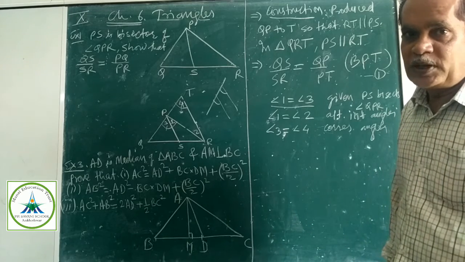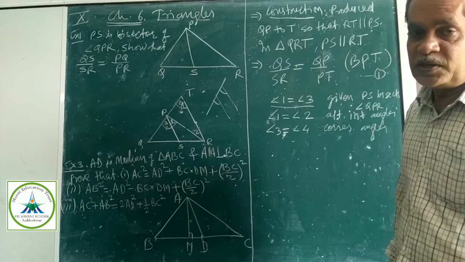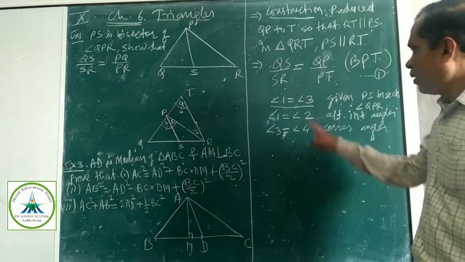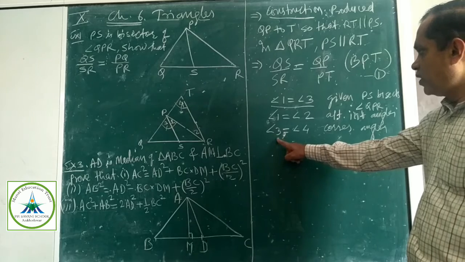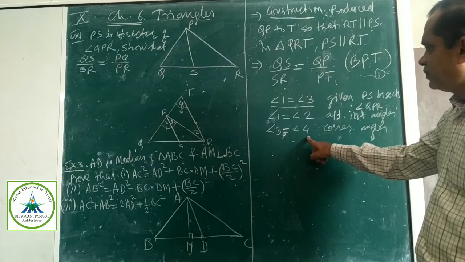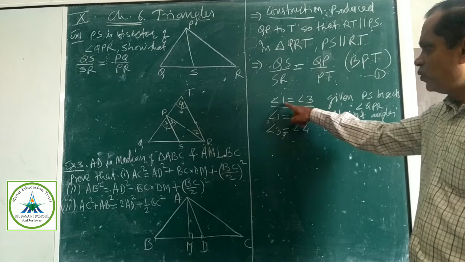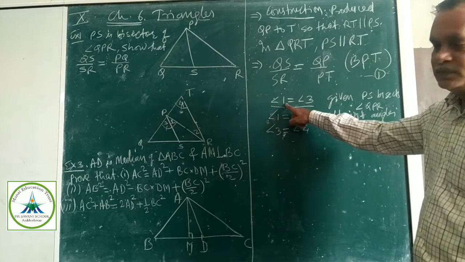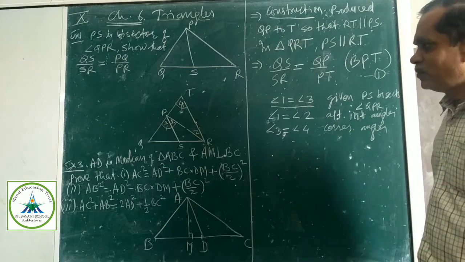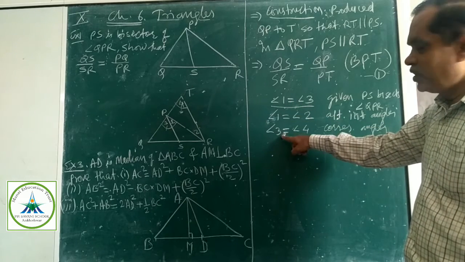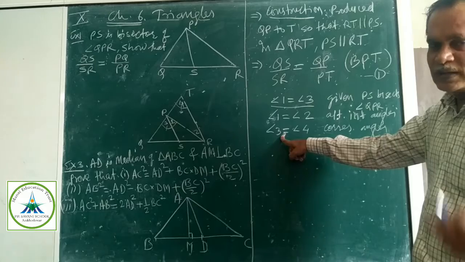So all these properties of parallel lines, triangles, BPT, you must know. Now therefore, we got 3 equals 4 and 3 equals 1, which is already given, as PS bisects.